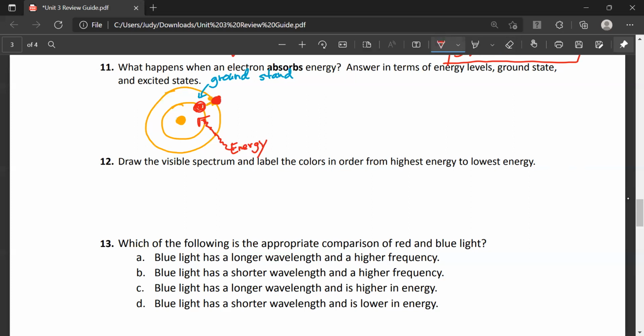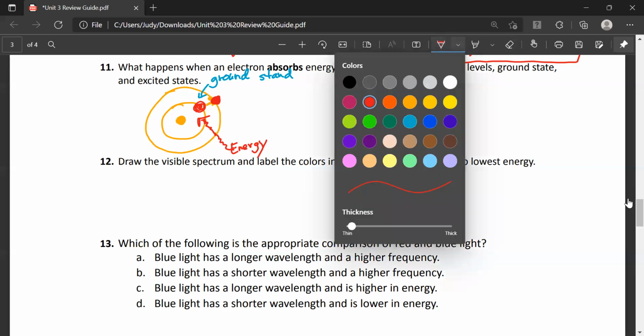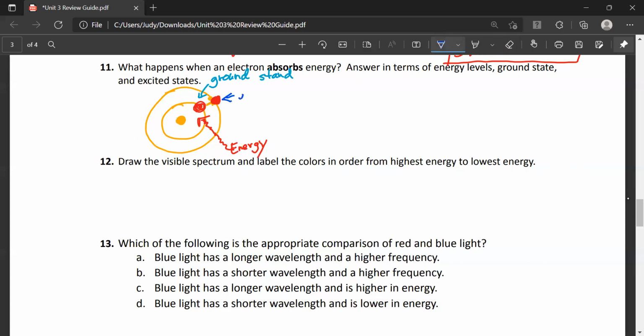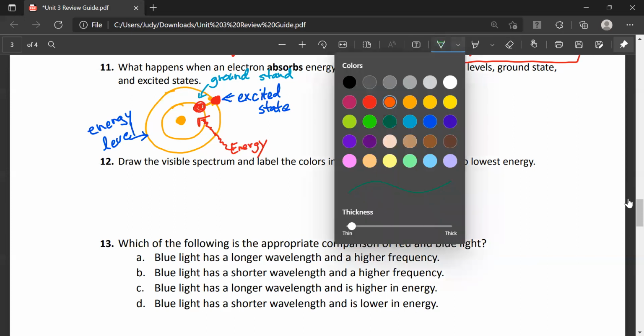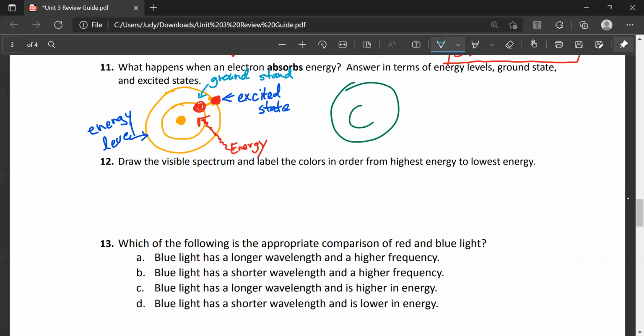So it's going to be on the line. And this is an example called an excited state. And each of these circles represents the energy level. So I just labeled every single thing you need to know. And this is what it looks like. So if I were to redraw this, make it in a way that you guys can actually see it, it's basically saying electron going up while energy is coming in.